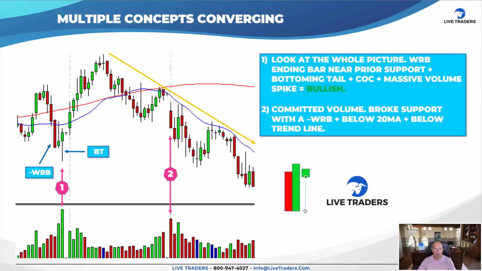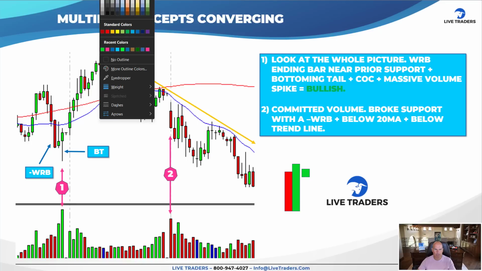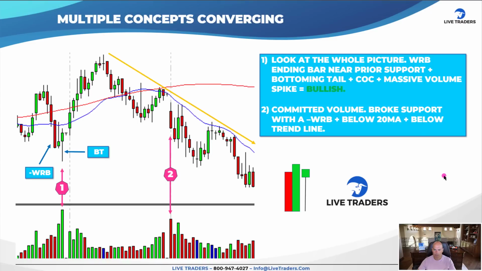I apologize if it's not perfect, but you get the point. This is what the bar looks like. This is what it looks like inside the bar. This is what you see on the chart. Right here, the bottoming tail is what you see on the chart. But this is actually what happened.